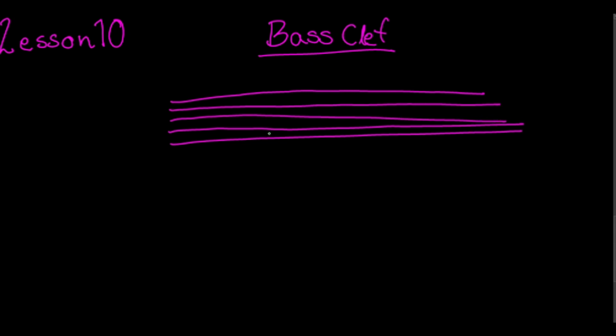Hopefully the staff is coherent enough. If you haven't realized by now, I'm not very good at drawing. Anyways, as I said, the bass clef looks a little something like this. We'll get into exactly how to draw it at the end of this lesson, hopefully. But till then, just remember, this is what the bass clef roughly looks like.